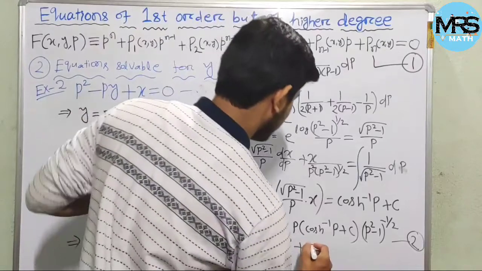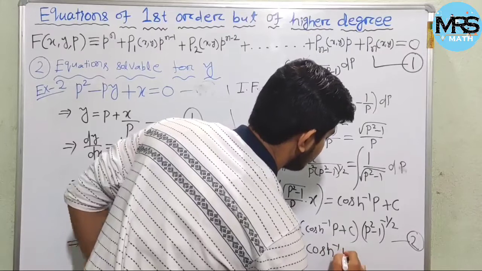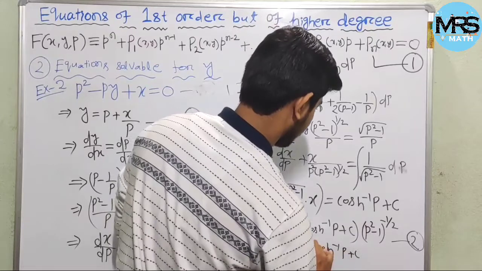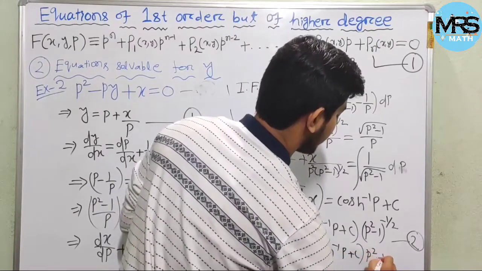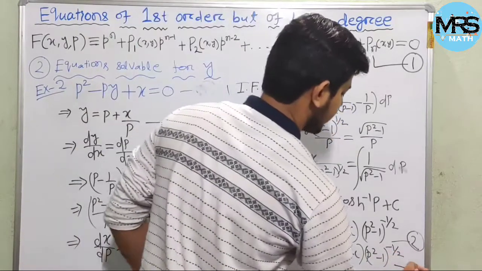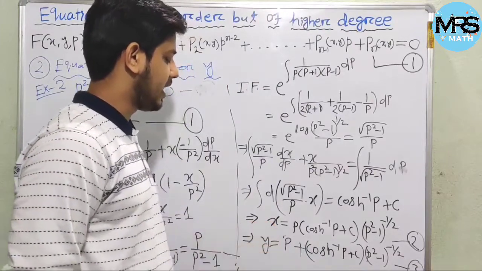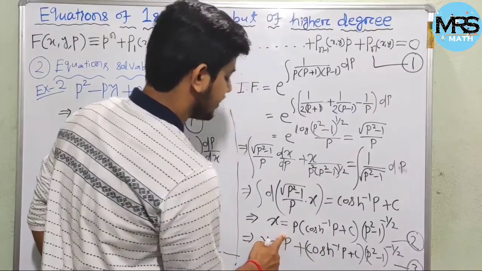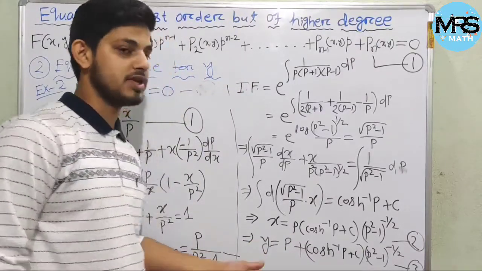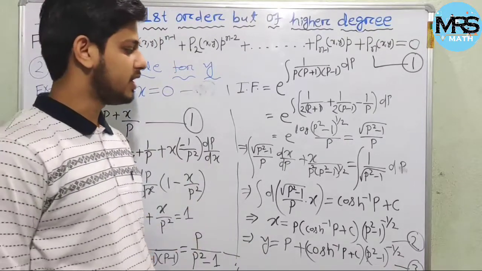Then what you will get is cos hyperbolic inverse p plus c, into p square minus 1, whole to the power minus 1 by 2, okay. So you can take this as equation number 3. So equations 2 and 3 are the equations for x and y in terms of p. These are the parametric equations of the solution for the differential equation.